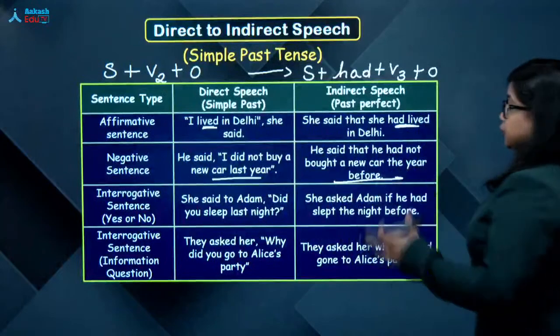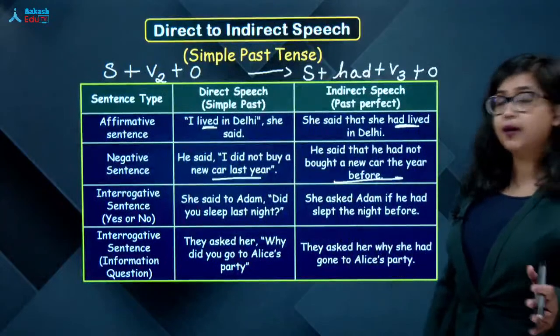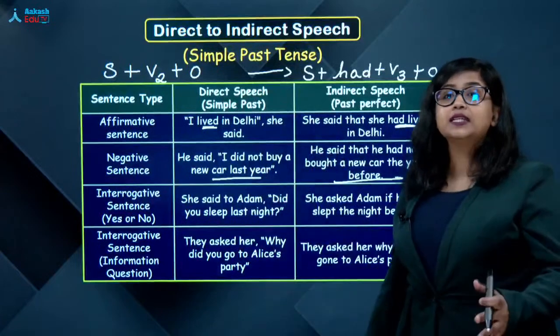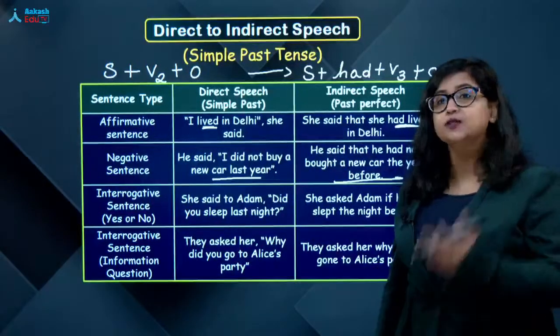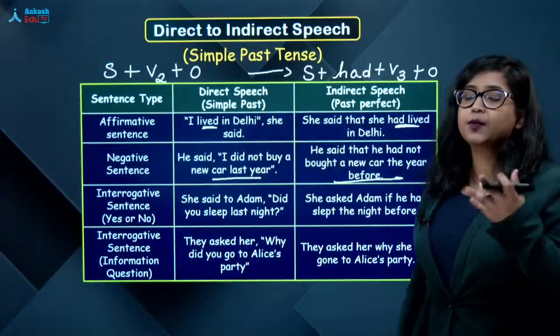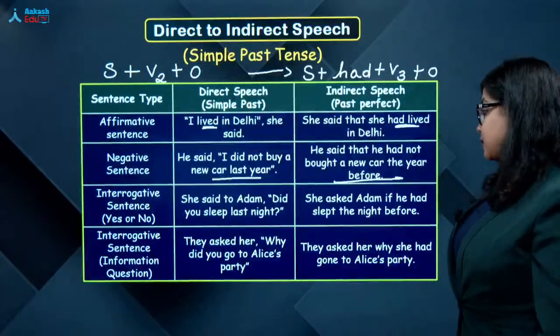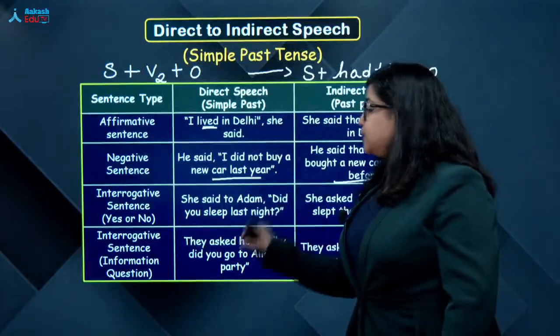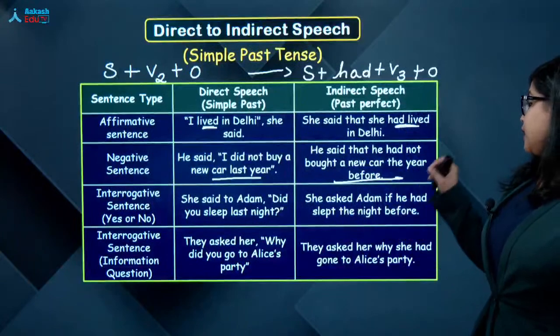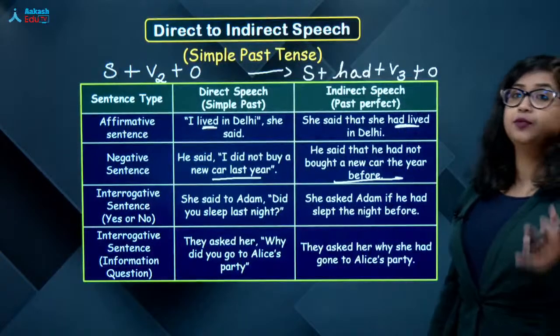Moving ahead with the next type of sentence, you once again have your interrogative sentence, which is your yes or no question. Once again we'll use the word asked and we'll use if in between. So she said to Adam, did you sleep last night, will now change to, she asked Adam if he had slept the night before.